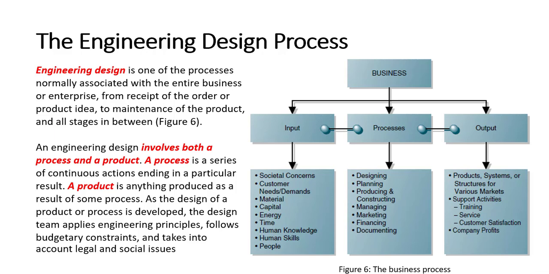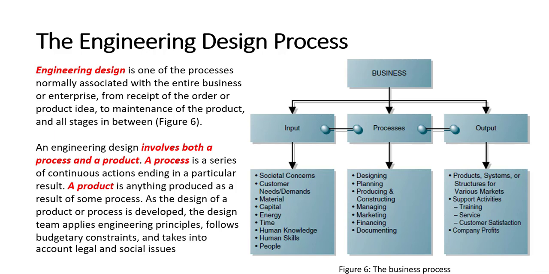Every business must operate within the law that governs their business. When designing, it is important that the engineer understand that legal issues may affect the design of products. Safety laws related to automobiles are an example of how government legislation can affect a design.